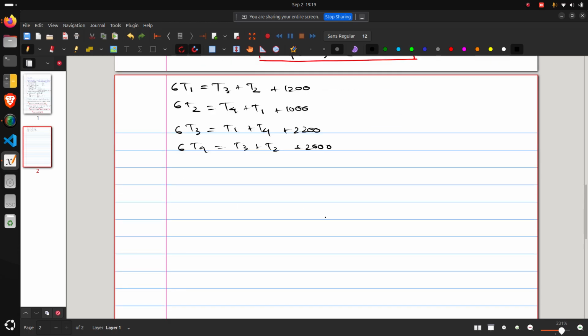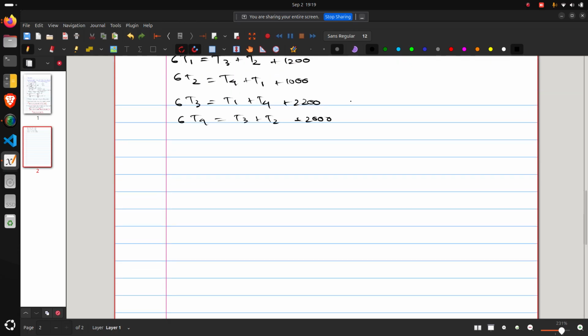Now we apply TDMA in the y direction. In the y direction we will start from the first column, which is nothing but cells 1 and 2.